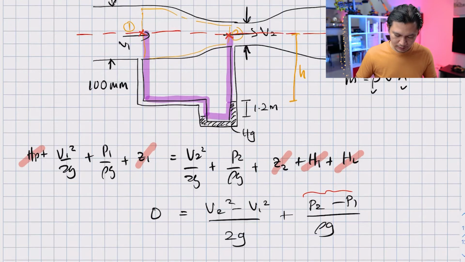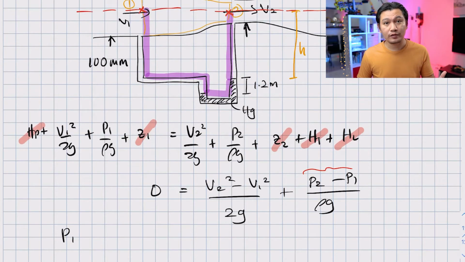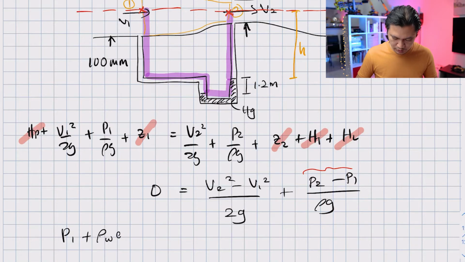So P1, and of course when we go down, we're going to use plus. So plus rho water g H, where this is H.